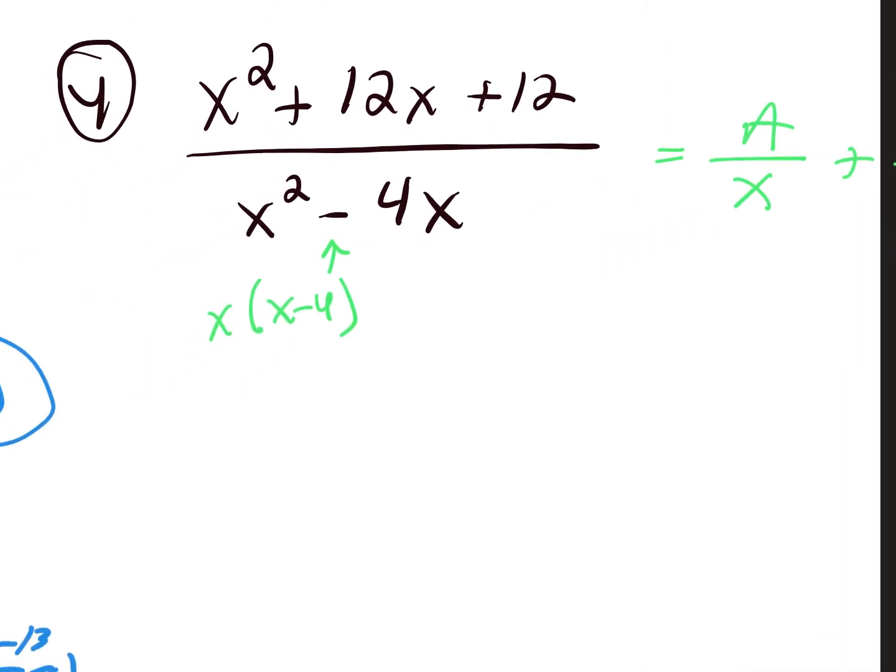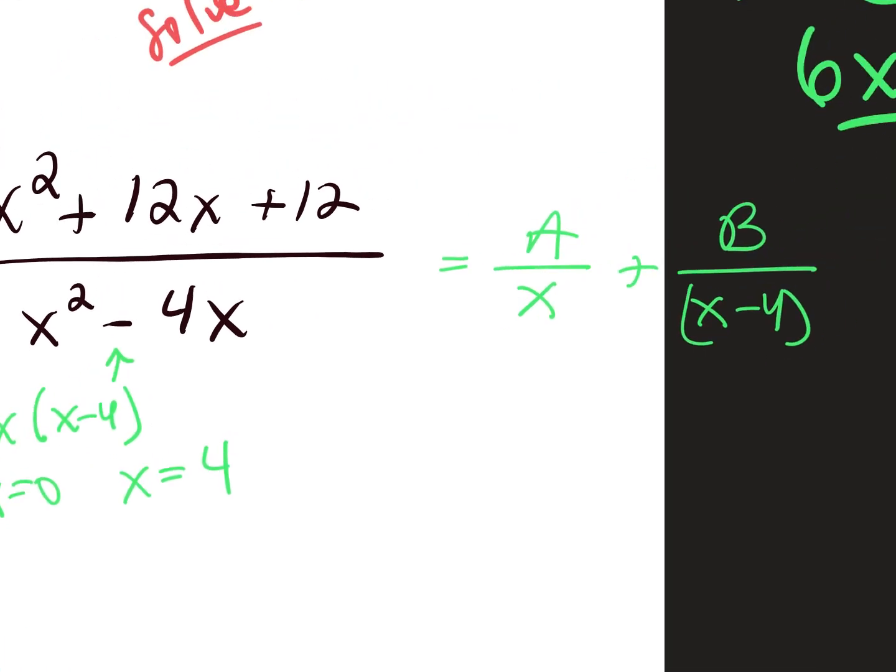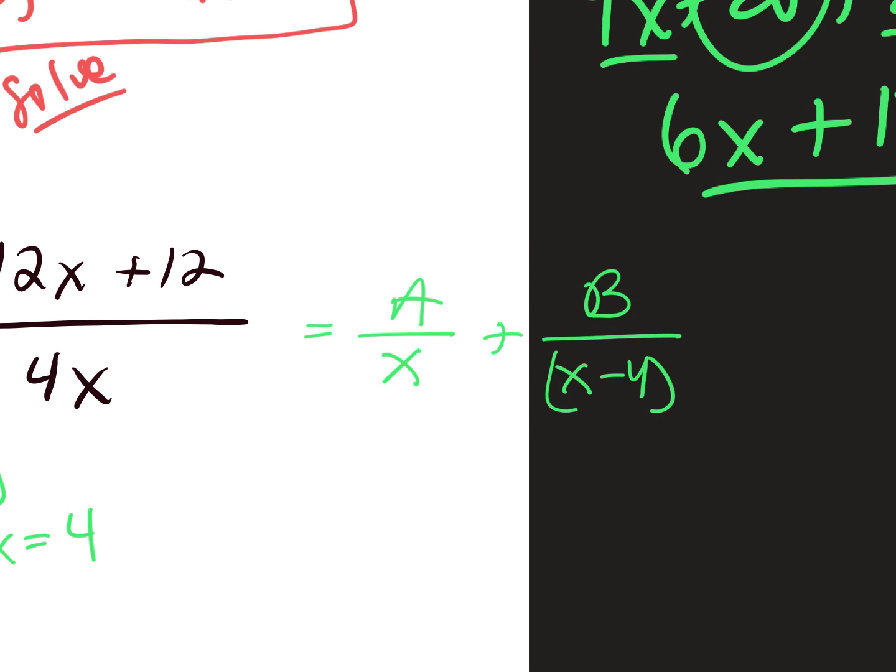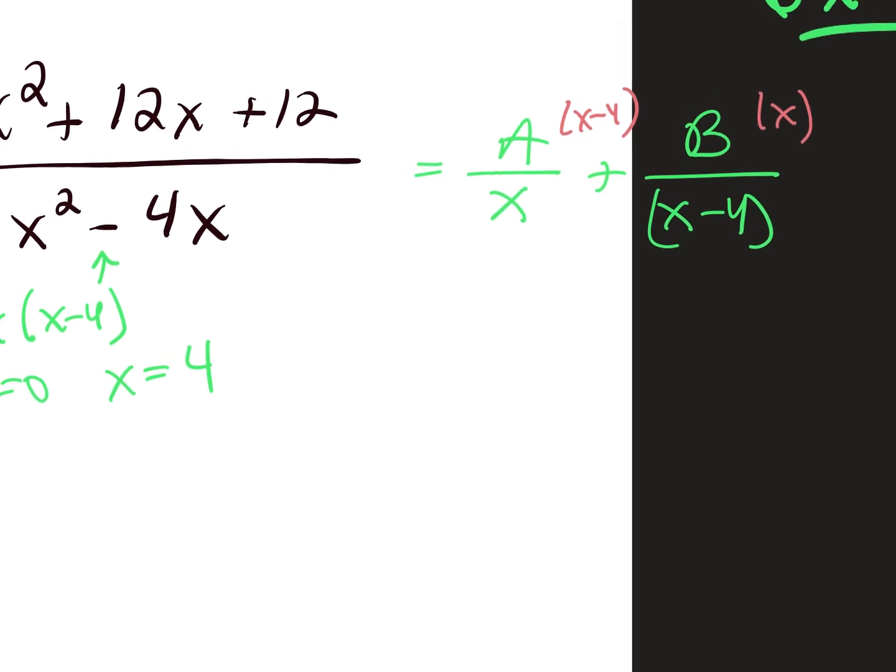I'm going to go ahead real quick and just solve, see what values I'm going to plug in for x. I have x equals 0, and I'm going to use x equals positive 4, because if we set x minus 4 equals 0, you get positive 4. So we now say, okay, my a has the x, it needs x minus 4. My b has the x minus 4, it needs x. So now we're going to go through and set up our equation.